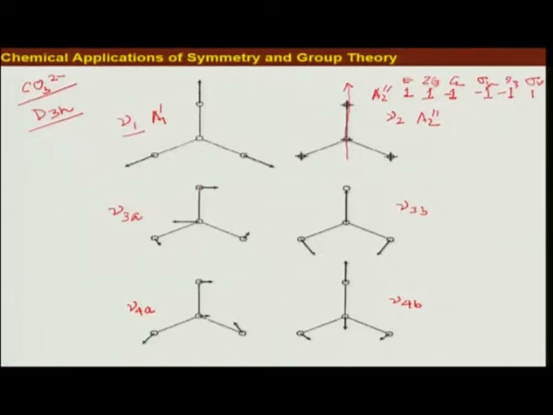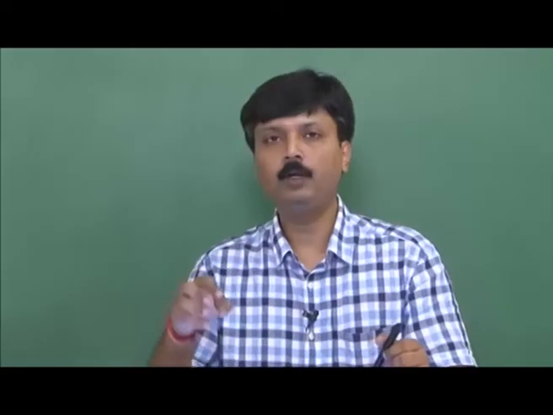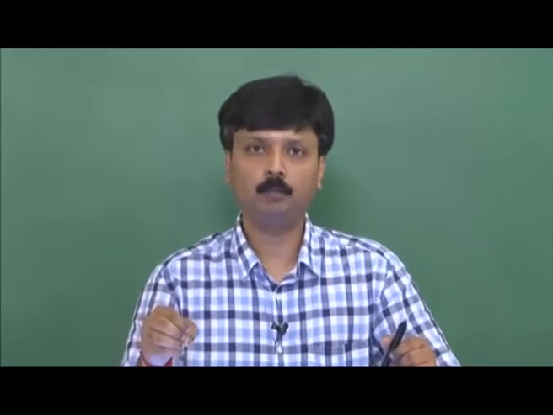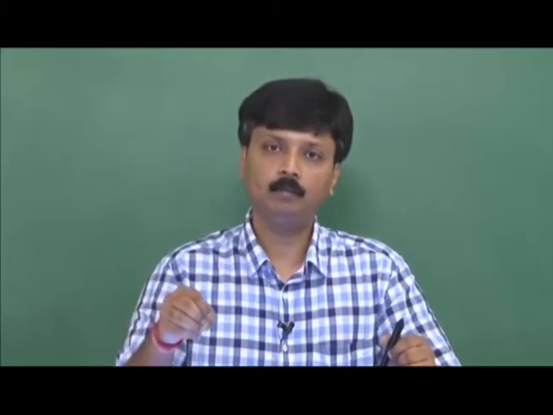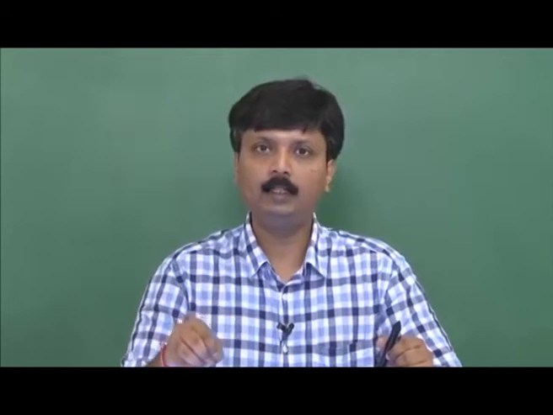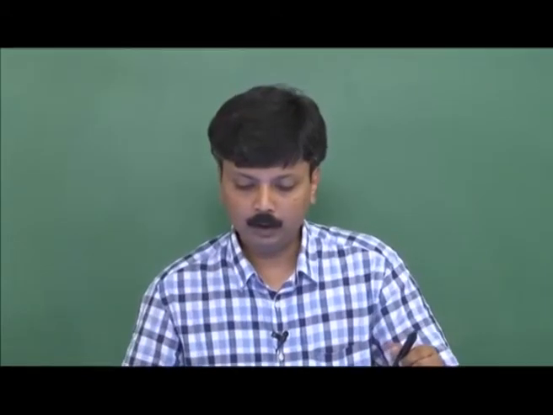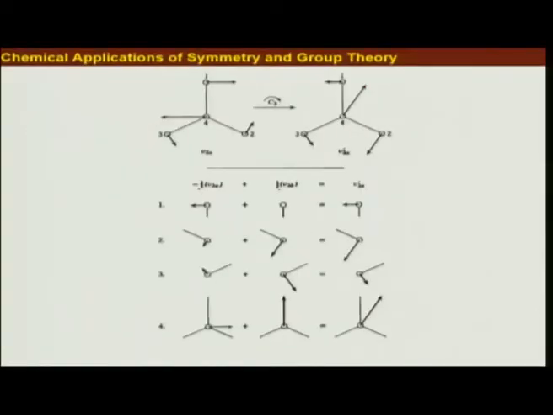So what will be the form of nu 3A prime? What we are saying is this nu 3A prime will be a linear combination of nu 3A and nu 3B, and similarly nu 3B, when we operate any symmetry operation, will also be a linear combination of nu 3A and nu 3B. So let's show how it is going to work.